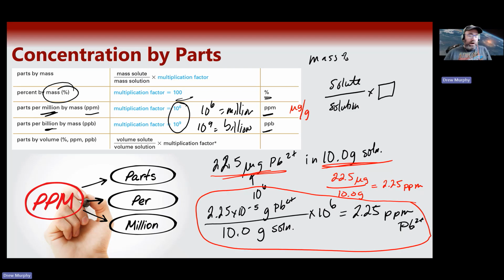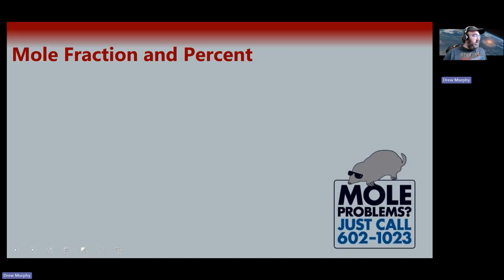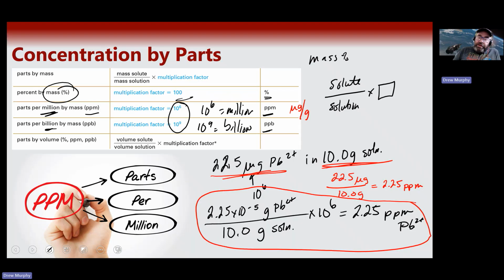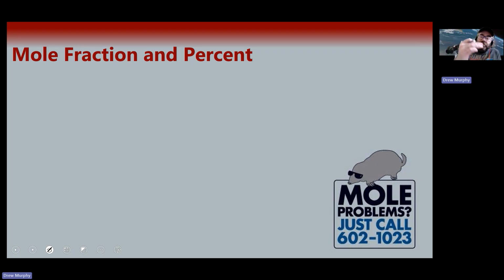All right, the one I want to squirrel in here towards the end is mole fraction and mole percent. All of these are still by fraction. Although we can do mass and volume, we can also do moles. So both of these are going to be moles of solute per total moles of solution.